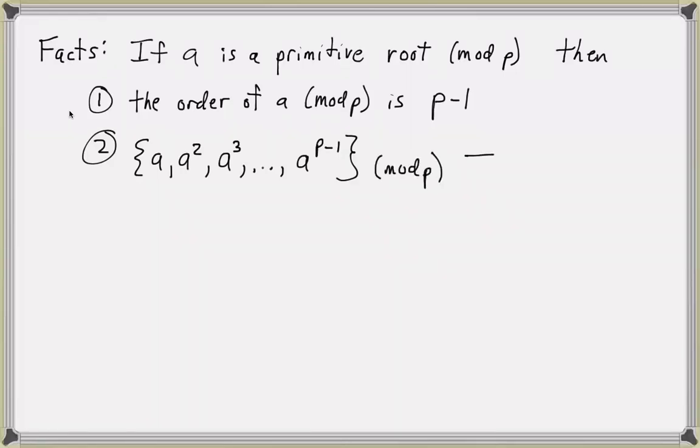So this set is congruent to the reduced residue system 1, 2, 3, up to p minus 1. So we're going to use this fact to solve congruences in a bit.